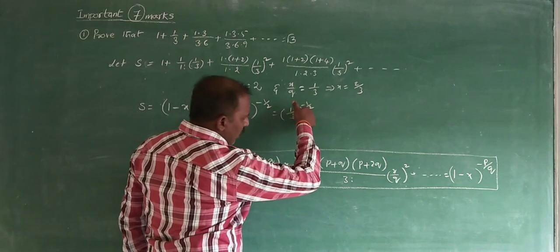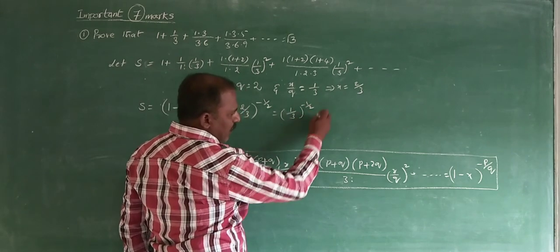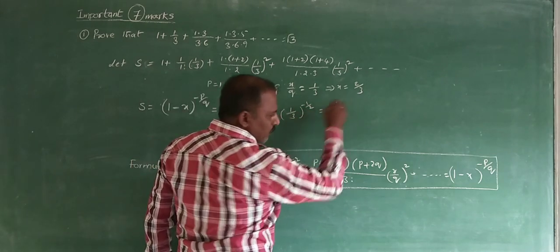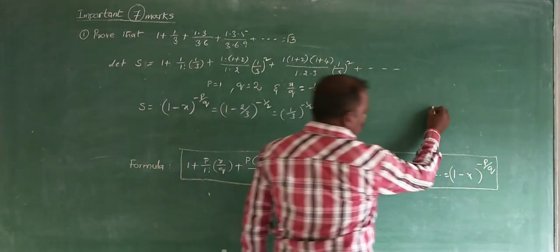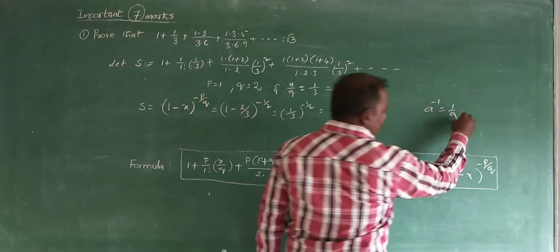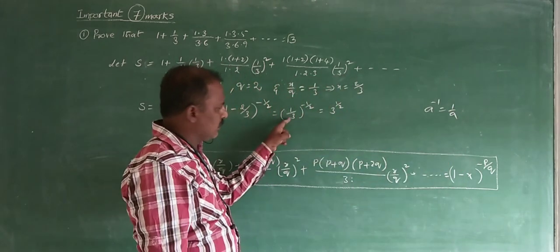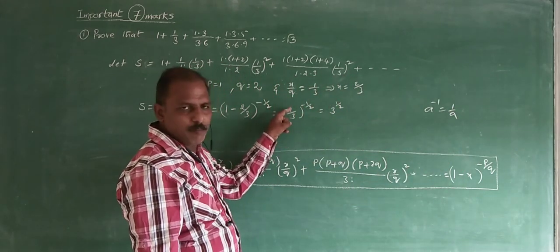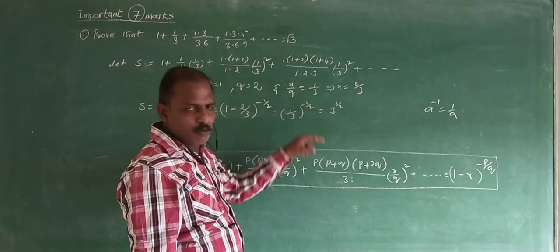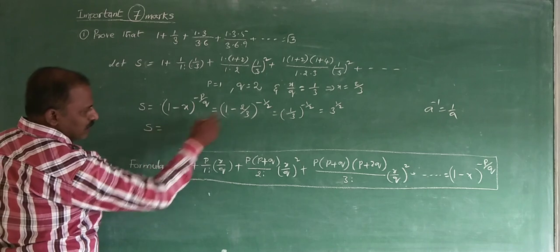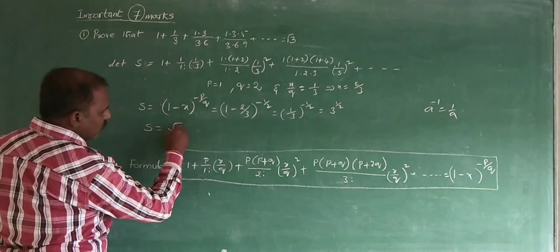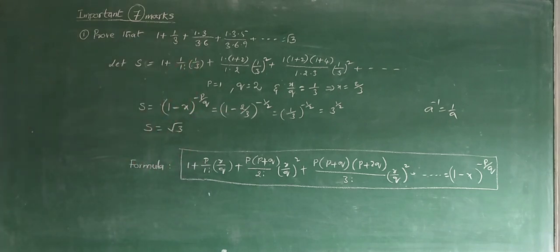If you write the 1 by 3 as 3 power minus 1, 3 power minus 1 into minus 1 by 2 is 3 power 1 by 2. That is root 3, the final form.